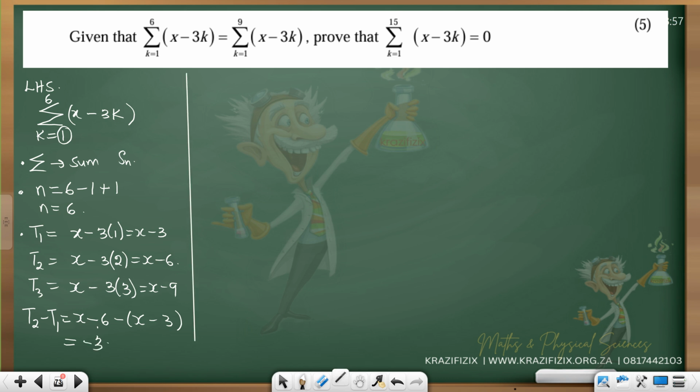Let's confirm: T3 minus T2 is X minus 9 minus X minus 6. It's still -3 because the X cancels and minus 9 plus 6 is -3. So I've already confirmed that it is arithmetic, so I know the formula to use.